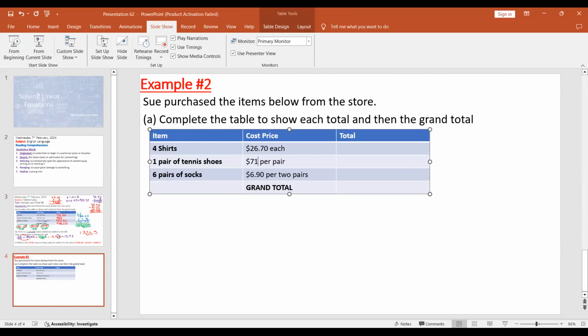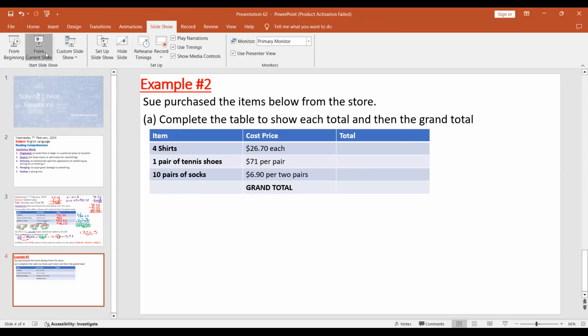One pair of tennis shoes costs $71. And let's say we got 10 pairs of socks for $6.90 for 2 pairs.